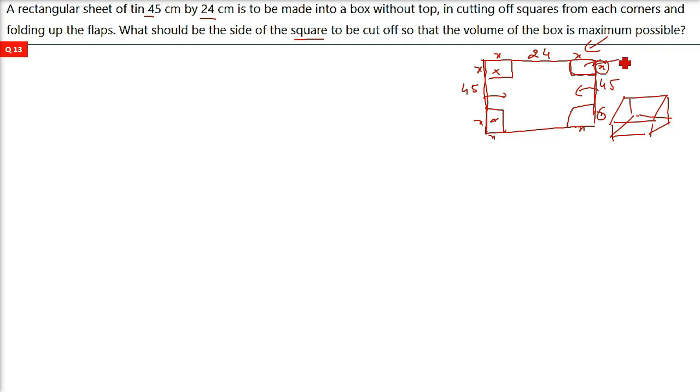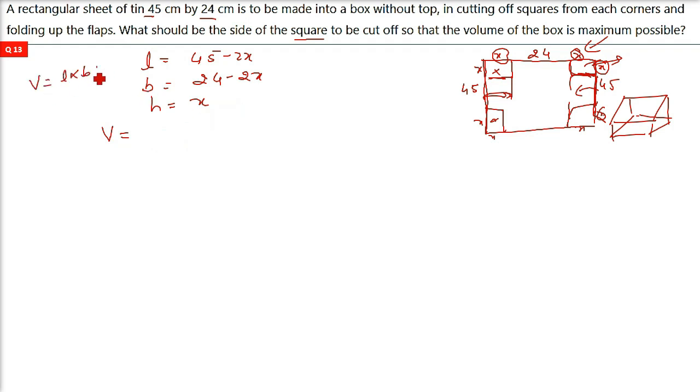So for any side in the diagram, the length of the final box will be 45 minus 2x. Similarly, the breadth will be 24 minus 2x. How about the height? Because the side cut for the square is x, when we flap it up to make a box, the height will be x.